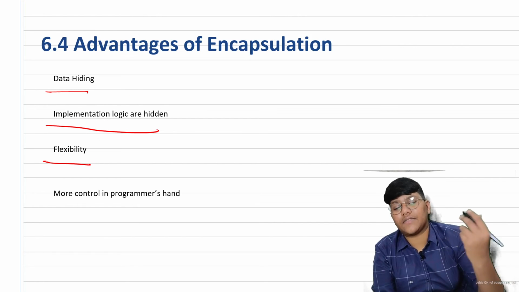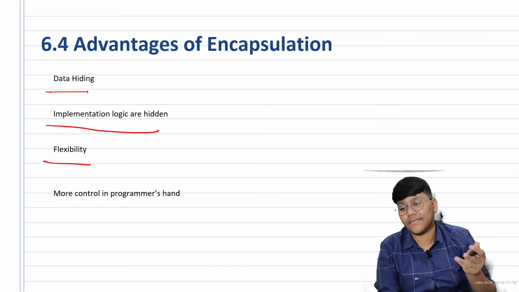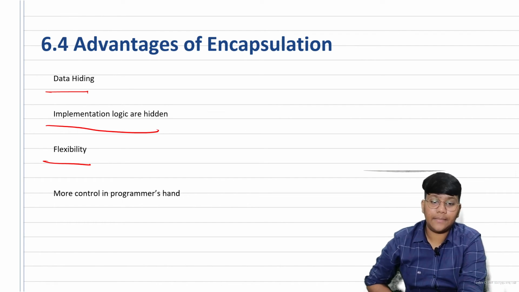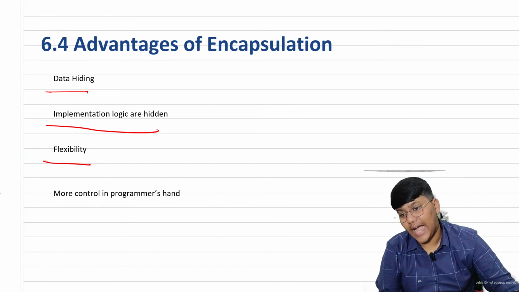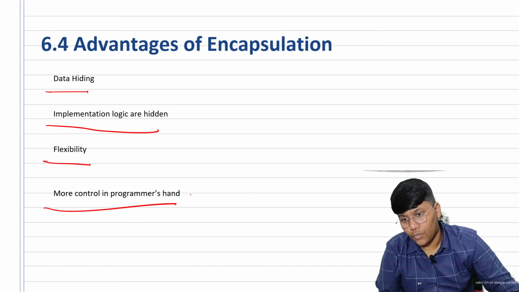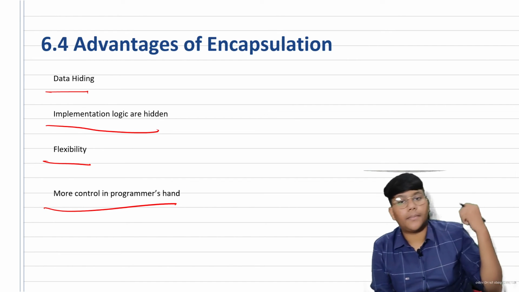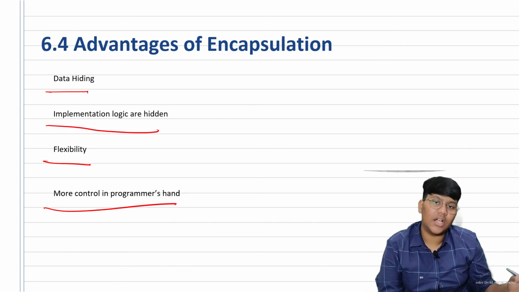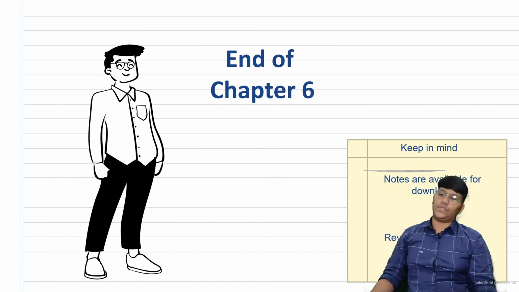Flexibility: as we provide the access specifiers, it is flexible. It gives us the power to check the flexibility. Then more control in the programmer's hand. So there is more power in our hand over what we want to do with a certain class or method, and whom we want to allow to use them.